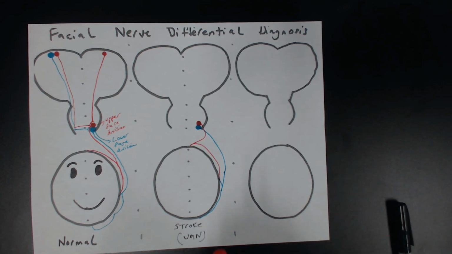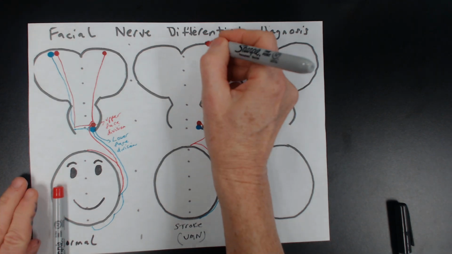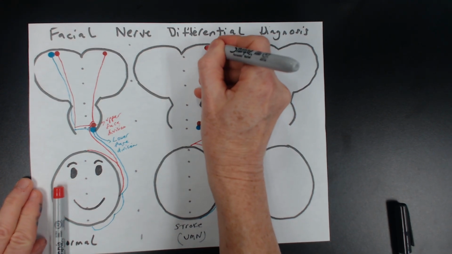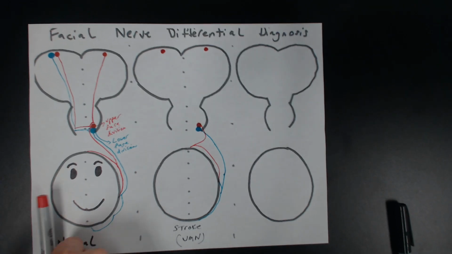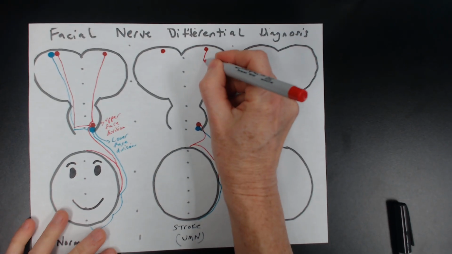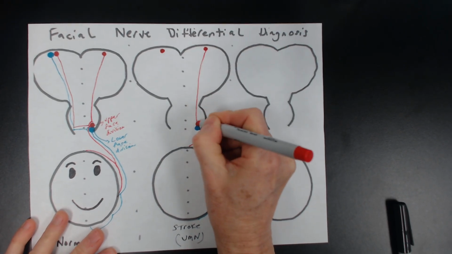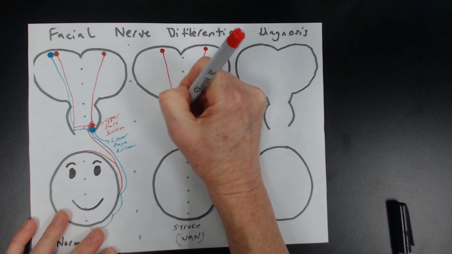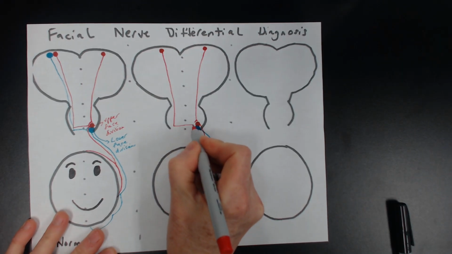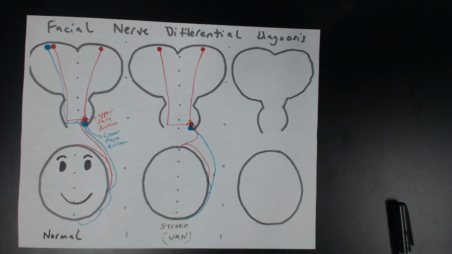Upper face division has upper motor neurons that are present bilaterally. Those upper motor neurons send out axons that synapse ipsilaterally and then contralaterally with the upper face division.